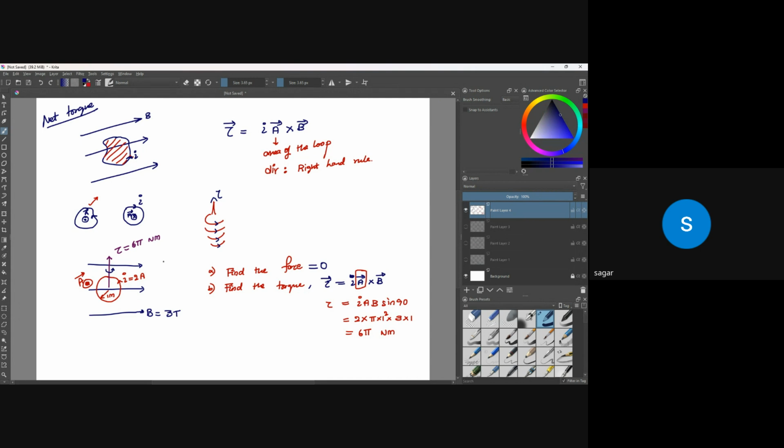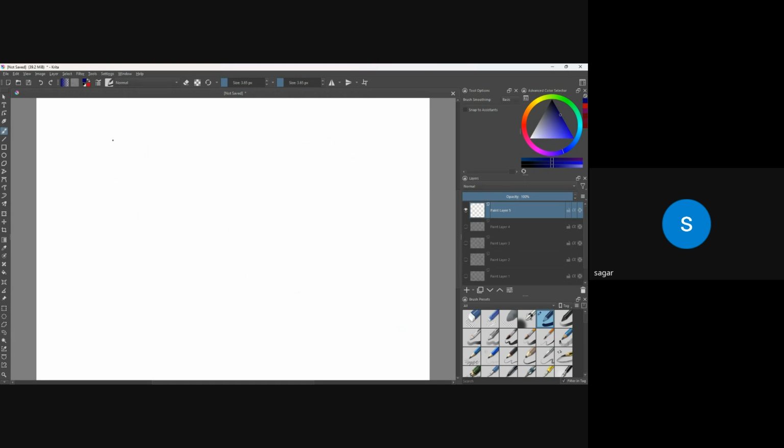So we have seen net force, we have seen net torque. Now if you look at the formula for torque, it is I into A bar cross B bar. If you look at the net force, it is 0. Now you should be noticing a similarity between this and an electric dipole.